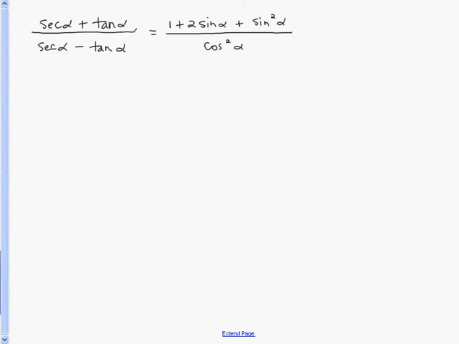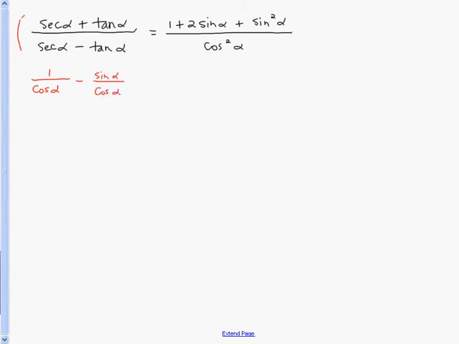Okay. Well, on my left-hand side, I would be very tempted to change all of that to sines and cosines. Alright, so over here, I'm going to change that to 1 over cosine of theta minus sine of theta over cosine of theta.